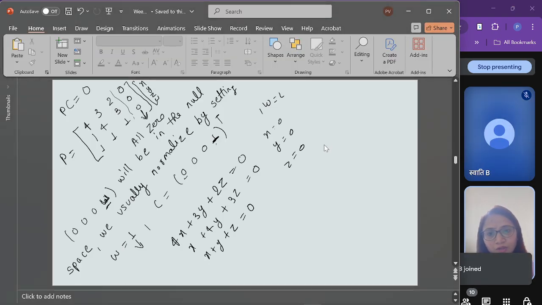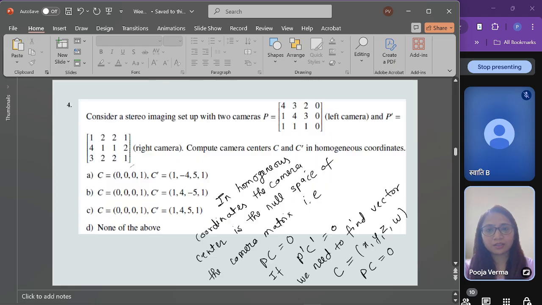We are doing that. So for this one, if in this matrix all the last column is all 0, you can directly write it in this one, the center of the matrix, either the left camera matrix or the right camera matrix, whatever it is.